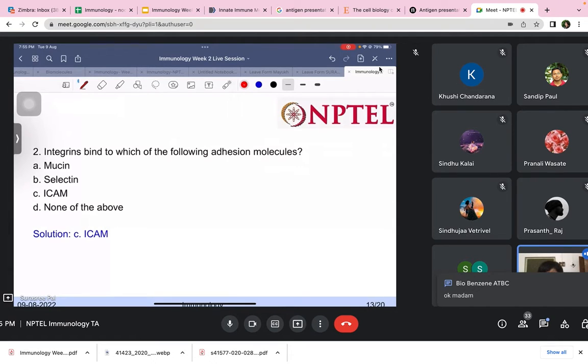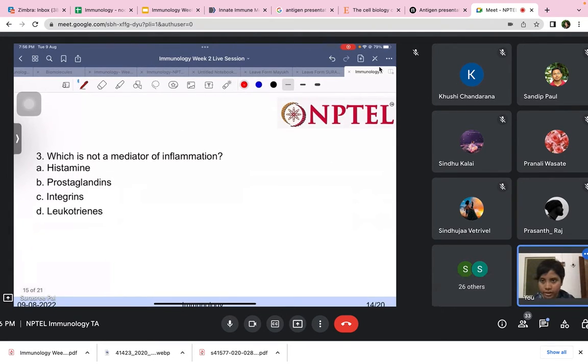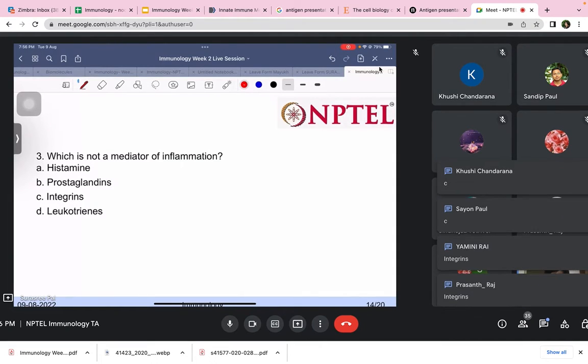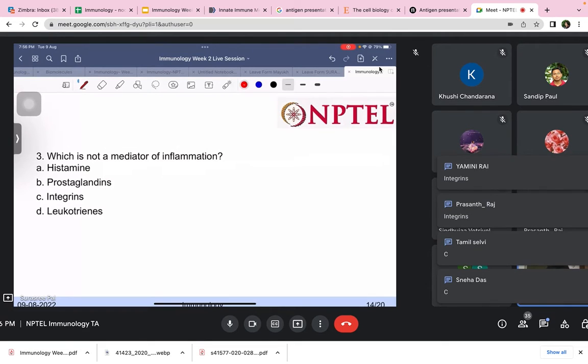Okay, moving on to our next question. Which is not a mediator of inflammation: histamine, prostaglandins, integrins, or leukotrienes? Most of you are answering correctly.